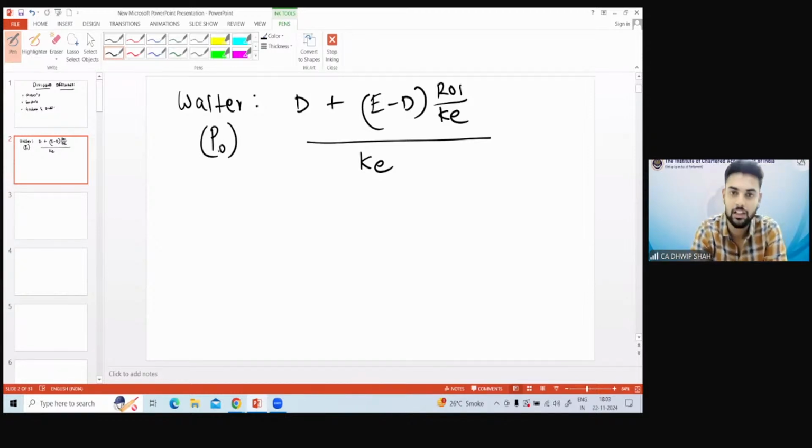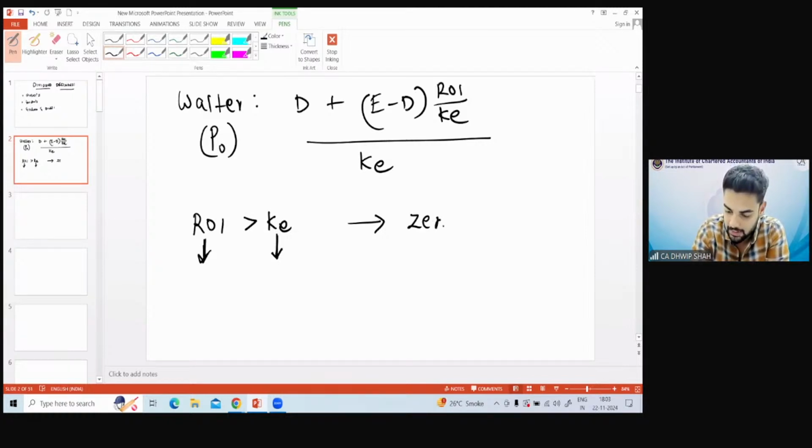But the core content of Walter's model was, if ROI is greater than KE, it means the company has more earning capacity or more efficiency to multiply the revenue than the investor has. So the optimum dividend payout ratio was 0% in this case. Correct? Hope you are able to recollect.